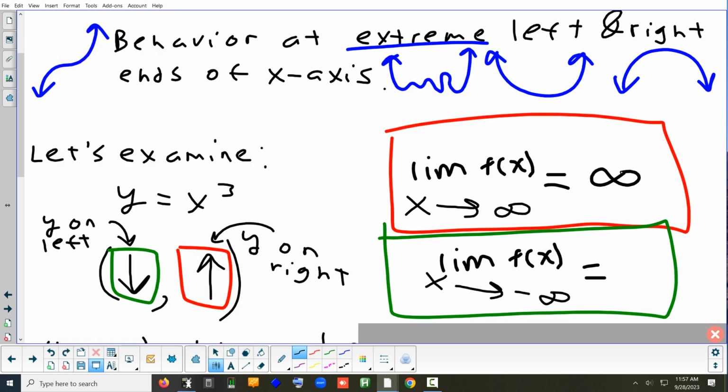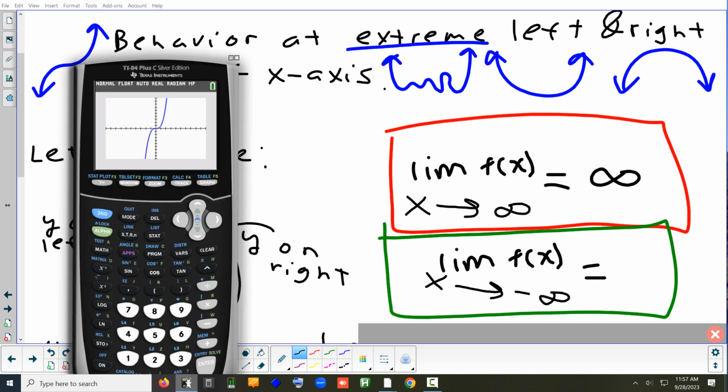As you head further and further to the right, the y value gets bigger and bigger. Now the bottom one. What's happening to the y value as x heads further and further into the negative numbers?